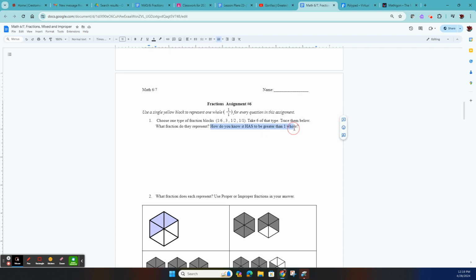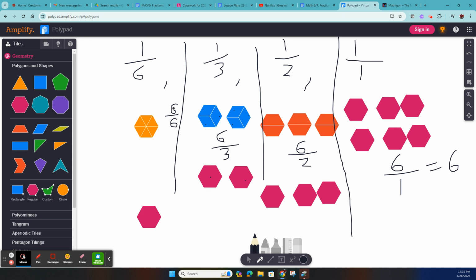How do you know each of these have to be greater than 1 whole? Well, if I look at these fractions, so 6/6, 6 thirds, 6 halves, 6 wholes, all of these have a numerator that is greater than the denominator. Okay, except for 6/6. 6, 6, the numerator and the denominator are the same. And whenever that happens, you know that that's just equal to 1 whole.